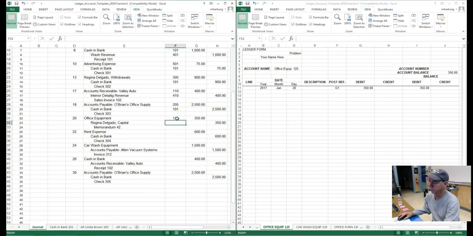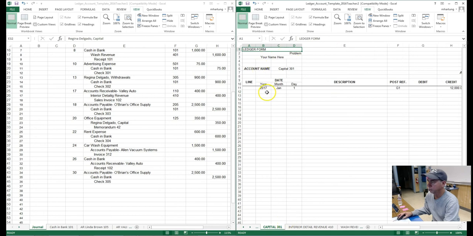Next up, capital. Oh, we invested the equipment. That's what it was. We didn't buy it. It was brought in from personal use, brought in to be used by the business. So therefore, it will be capital. Looking for 300. There we go.